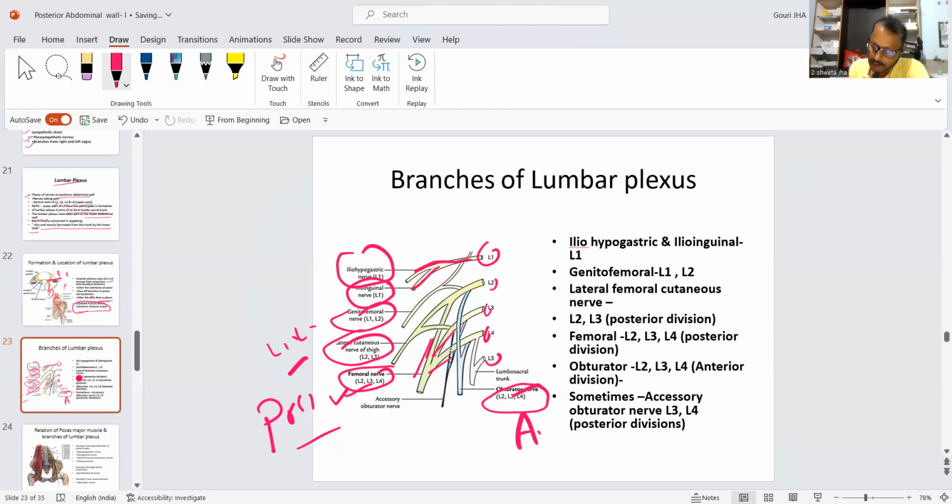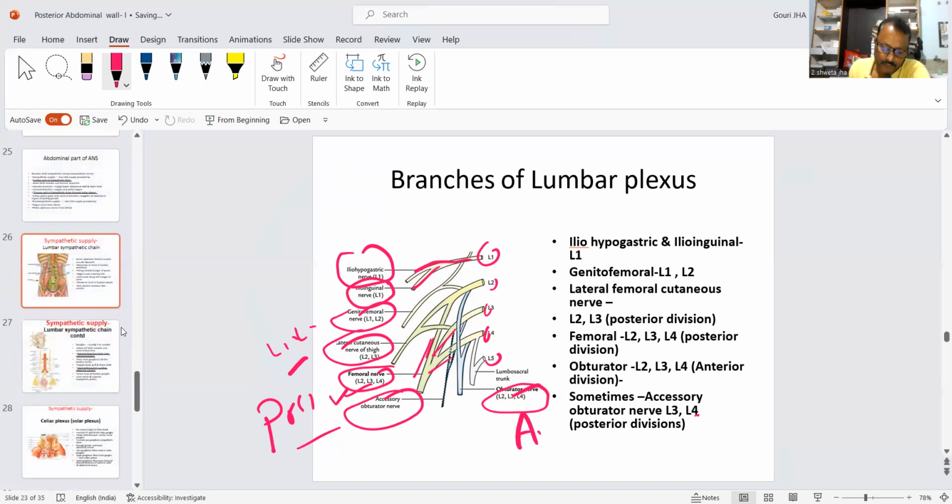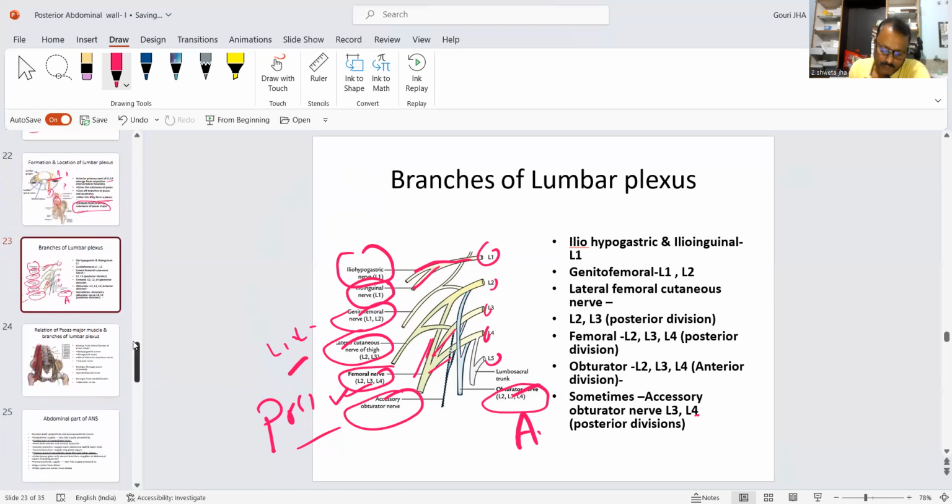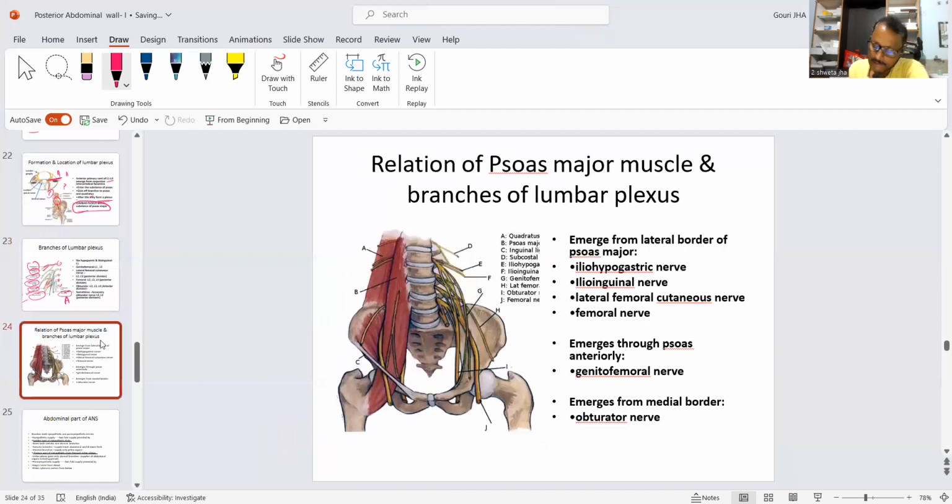The lumbosacral trunk will be formed by L5 and S1. Sometimes the accessory obturator nerve will be formed by L3 and L4, from the posterior division. We have already read about this lumbar plexus in our previous classes.